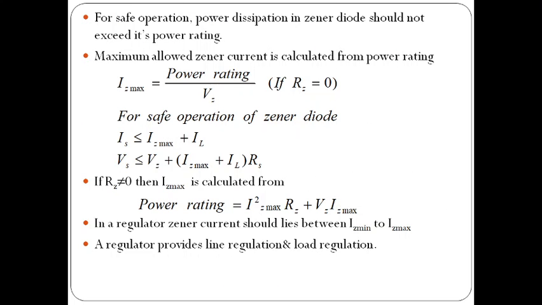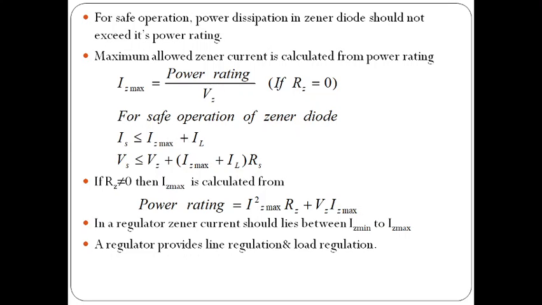During operation, the power dissipation in the zener diode should not exceed its power rating. Whatever the power rating of the zener diode, the power dissipation must be less than it. If the power dissipation is more than its power rating, then what happens? Again, the zener diode may be damaged.